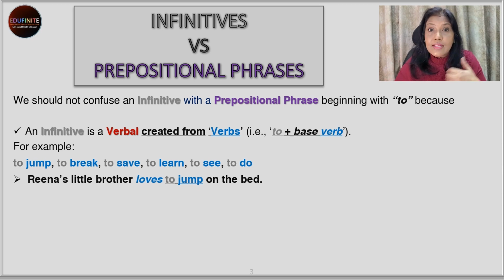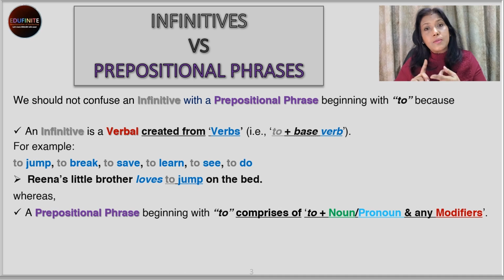So now let's come to the prepositional phrase and try to understand how it is different. A prepositional phrase beginning with to comprises to plus a noun or a pronoun and any modifiers. So that's how a prepositional phrase will be.